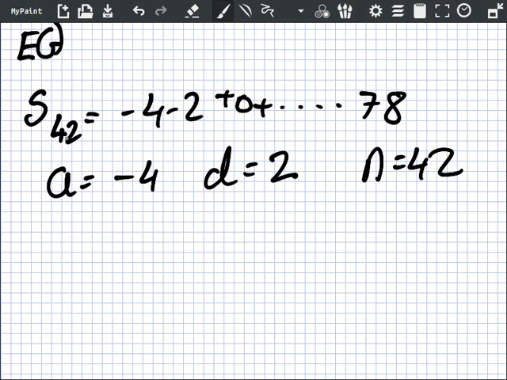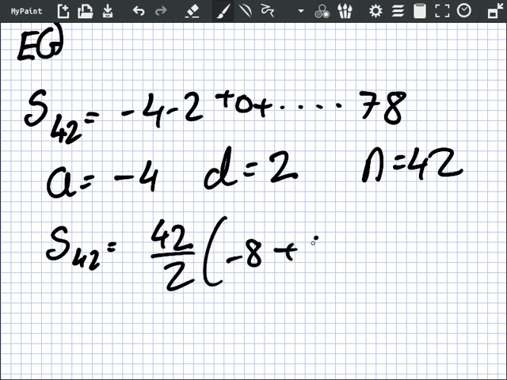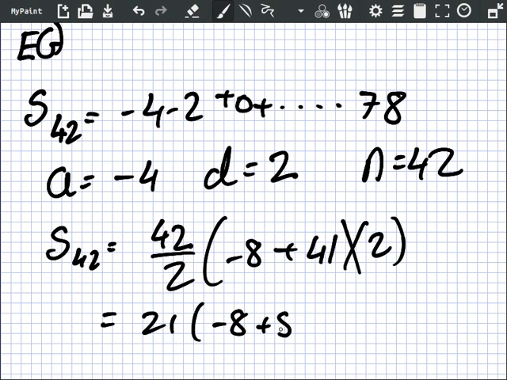There's 42 terms here. So, according to the formula, S42 would be n over 2, 2a plus n minus 1 times d. That would be 21 times minus 8 plus 82. Isn't it? 21 times, what's that, 74?